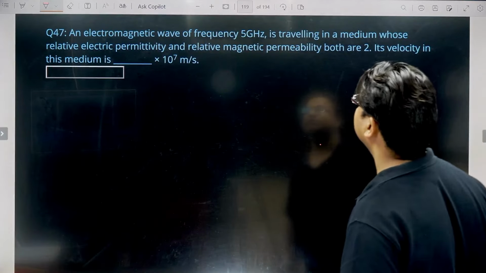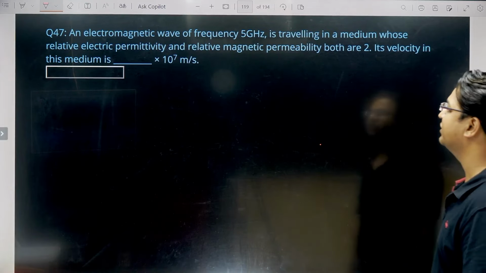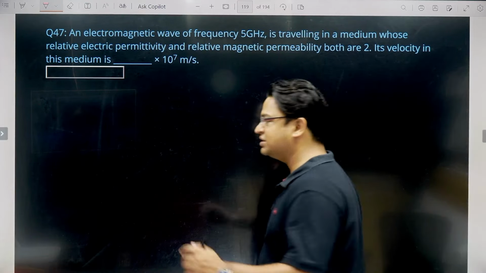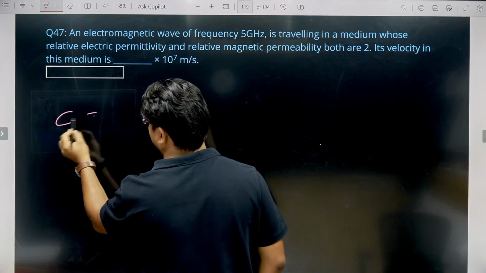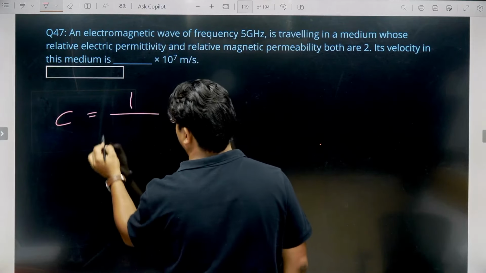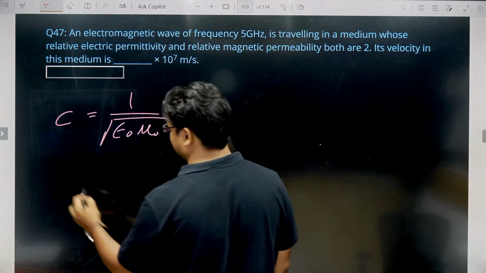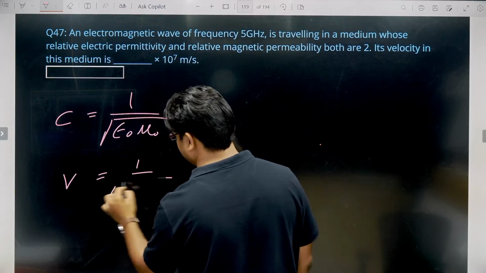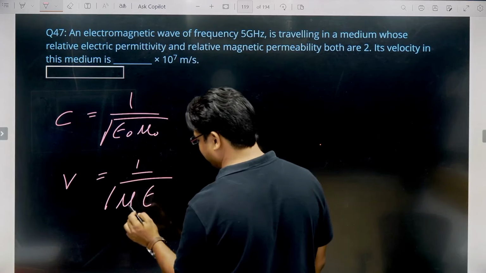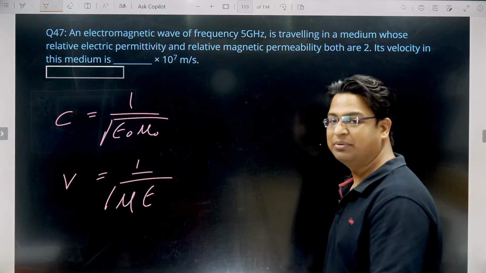It says an electromagnetic wave of frequency this much is traveling in a medium whose relative electric permittivity and relative magnetic permittivity are both 2. Okay, so guys, what do you have to use here? C, the velocity of light in vacuum is 1 by root of epsilon naught into mu naught. The velocity of light in any other medium we can write as 1 by root of mu into epsilon, where mu and epsilon are the permeability and permittivity of that particular medium.